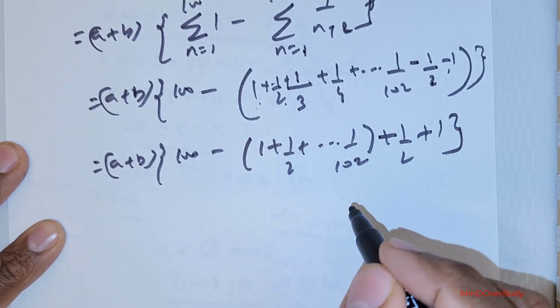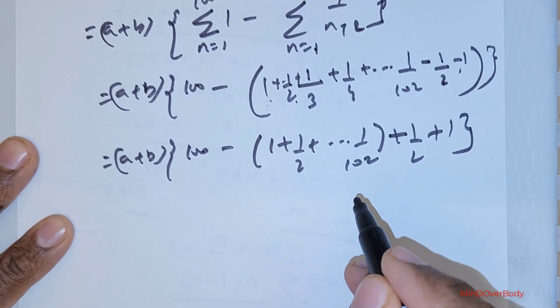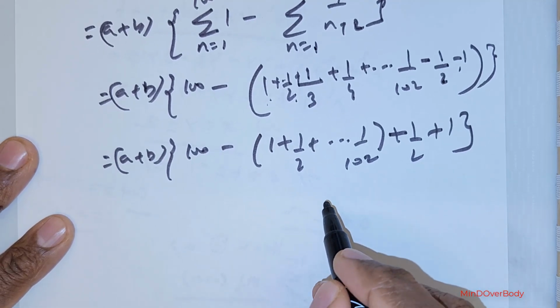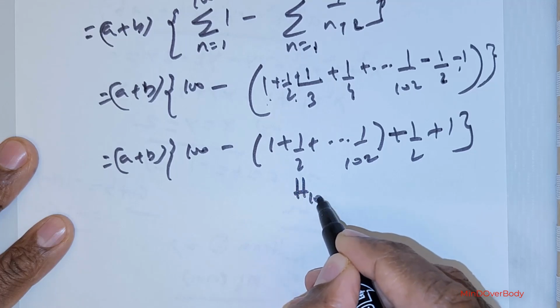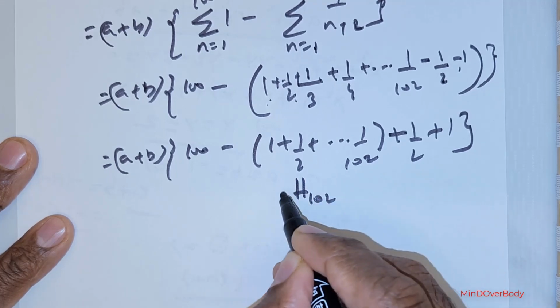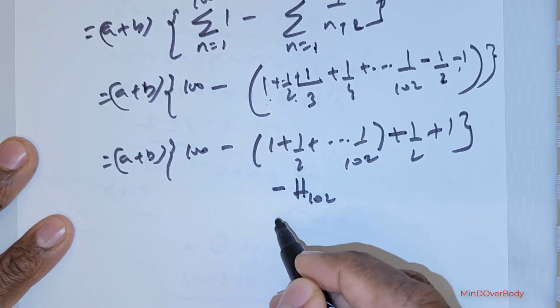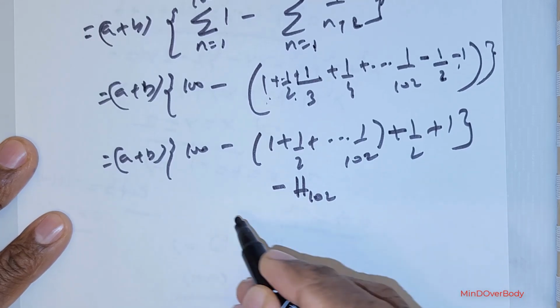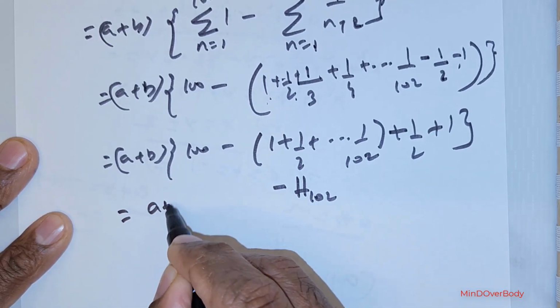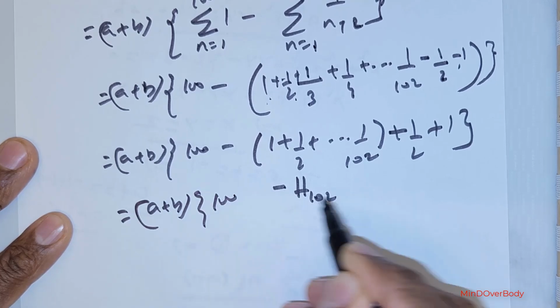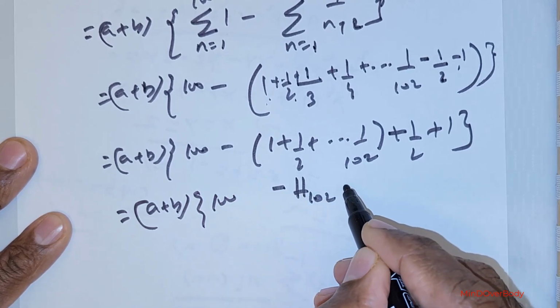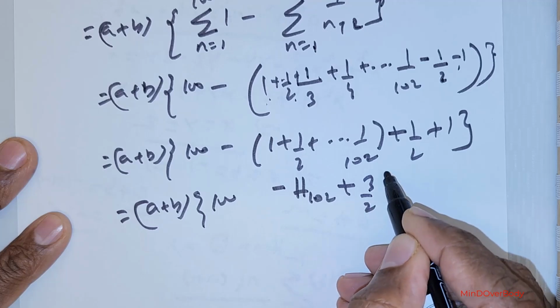Now this is nothing but a harmonic series, H102. So you have a negative sign before that. I'll show you how to calculate this. So this is equal to a plus b times 100 minus H102 plus 3 over 2.